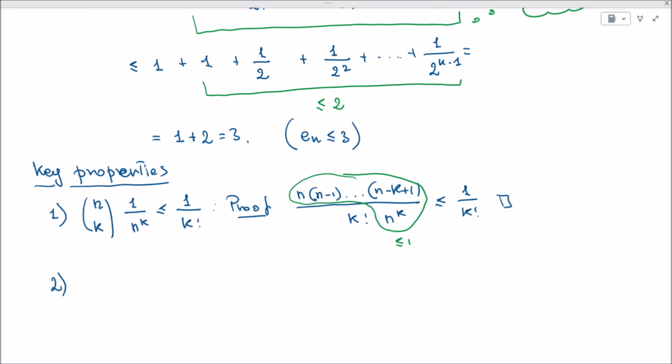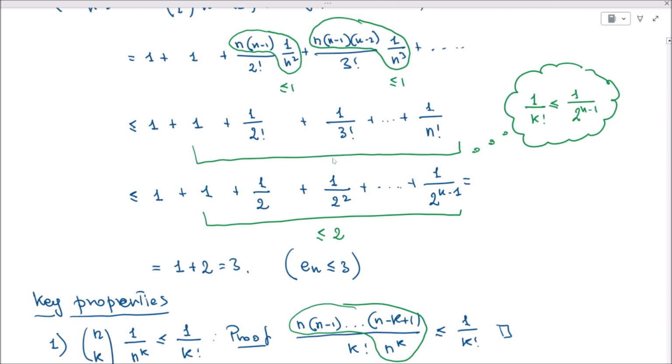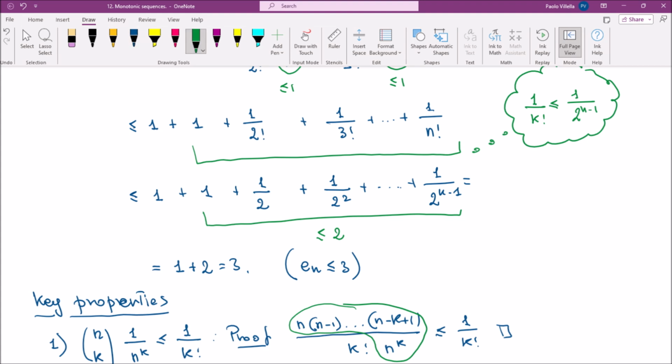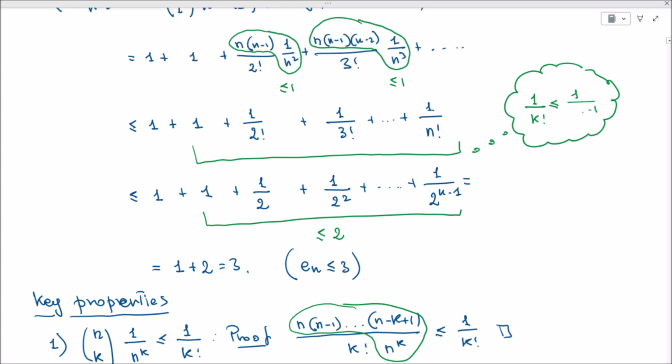Second property is that 1 over k factorial is less than or equal to 1 divided by 2 to the k minus 1, which was this property. Okay, this is clearly k minus 1.